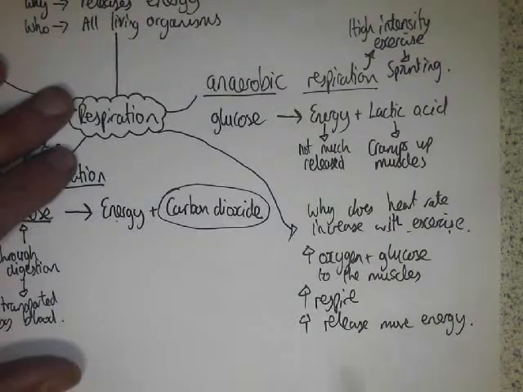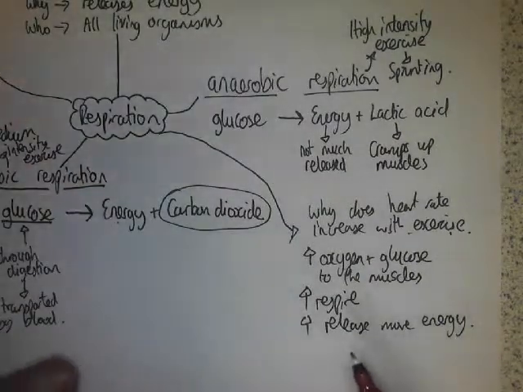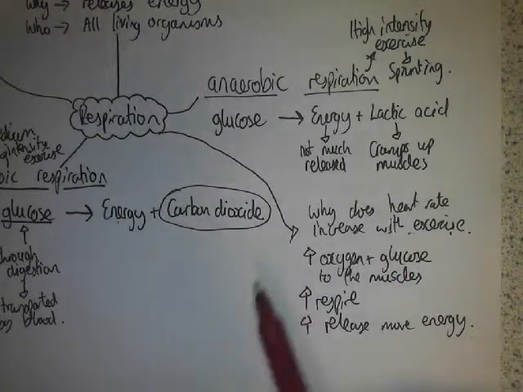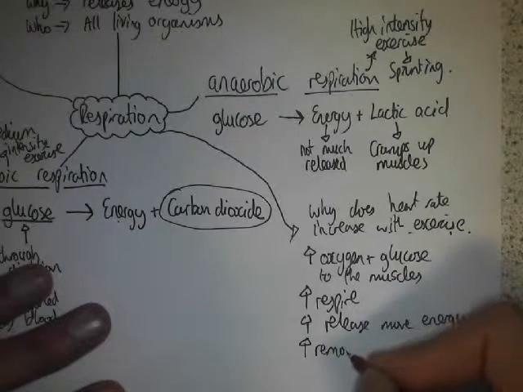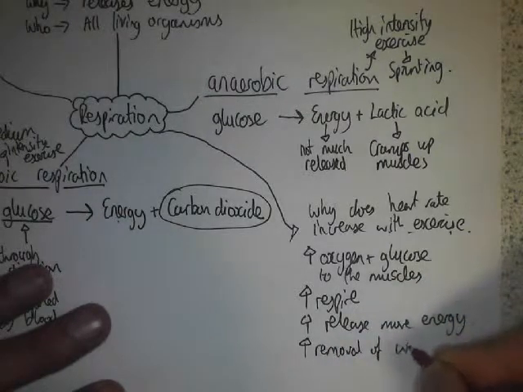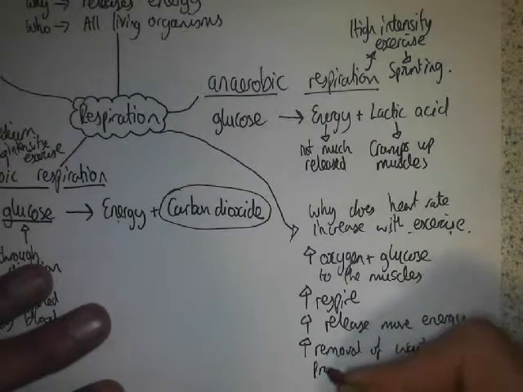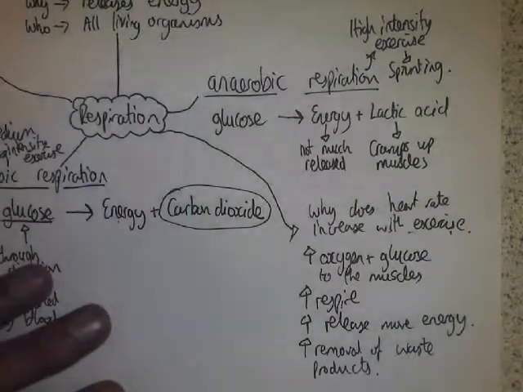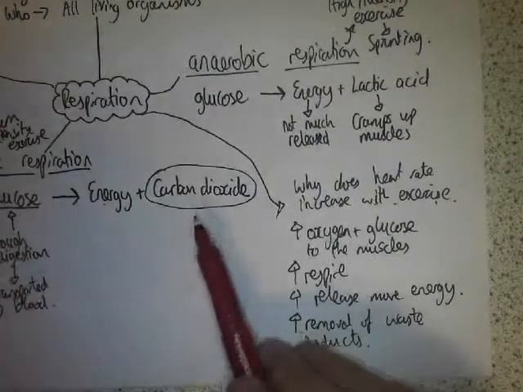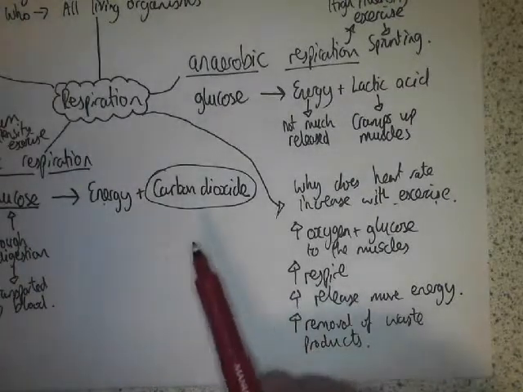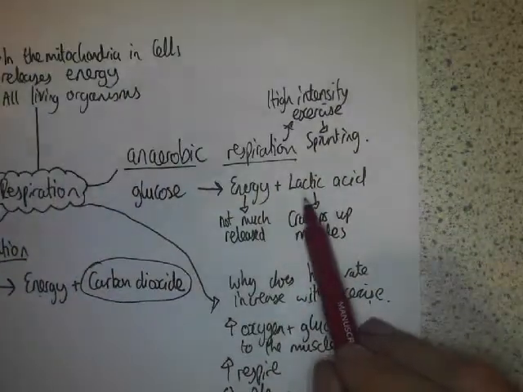But as I was saying, before I realised I wasn't on screen, if I increase heart rate, I can get an increase in removal of waste products. So I can get rid of my carbon dioxide quicker if there's blood pumping around the body faster. I can get rid of my lactic acid.